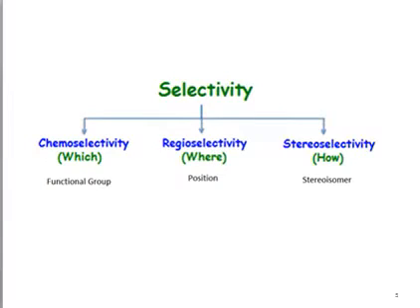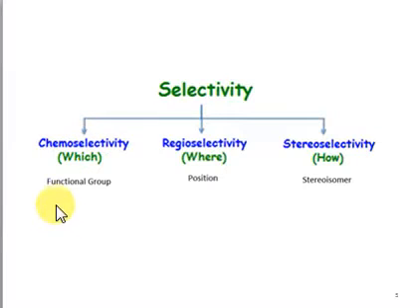The selectivity is broadly divided into three categories: chemoselectivity, regioselectivity, and stereoselectivity. Chemoselectivity is actually focused on the functional group, right? Whenever you see the term chemoselectivity, it should come to mind that you are talking about the functional group. So what do we mean by chemoselectivity?